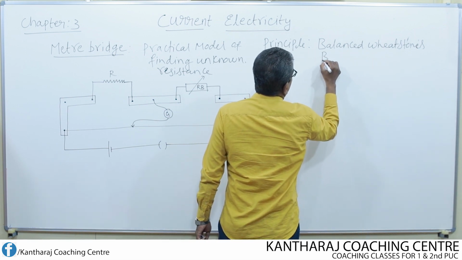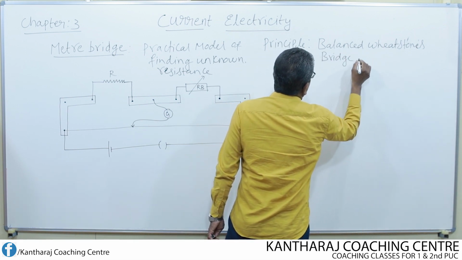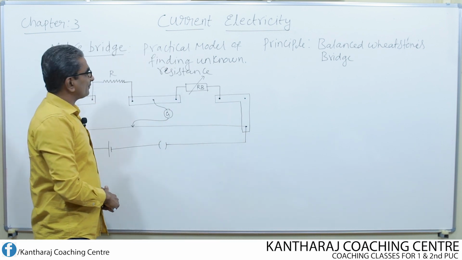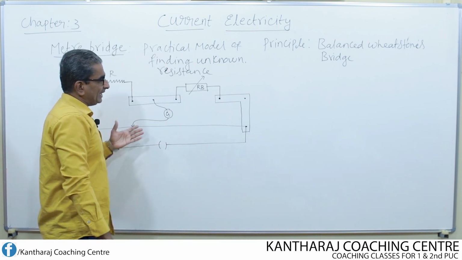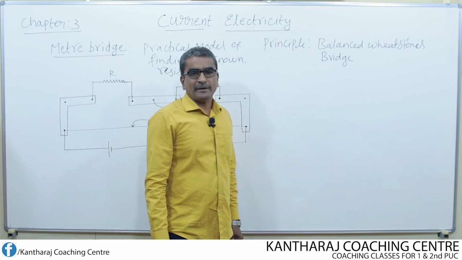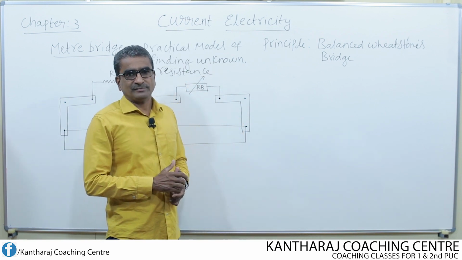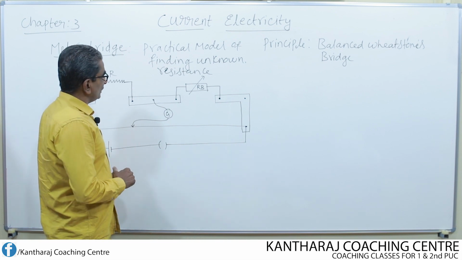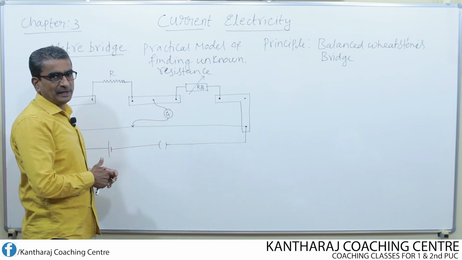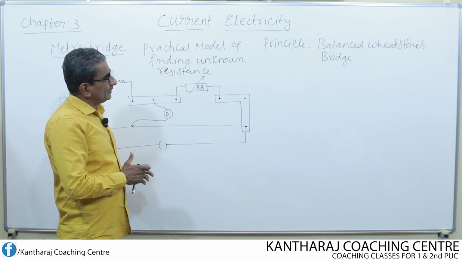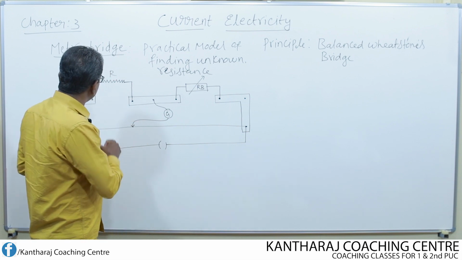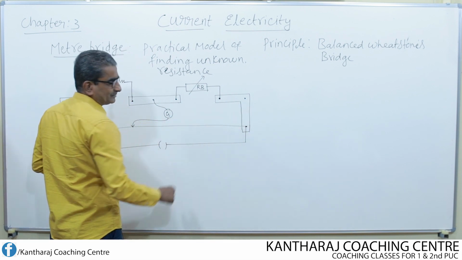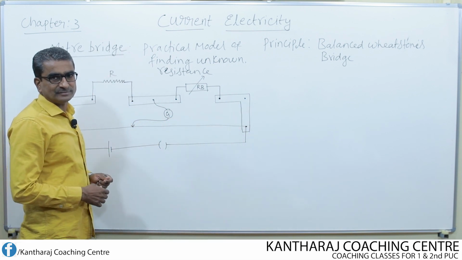Now, here the entire diagram is identical to the Wheatstone's bridge circuit. That means, first of all, let us know the description of the meter bridge. Meter bridge consists of two L-shaped metallic strips made up of copper.